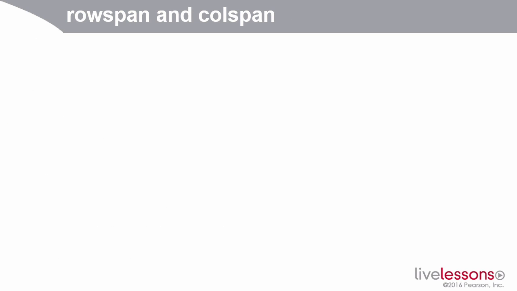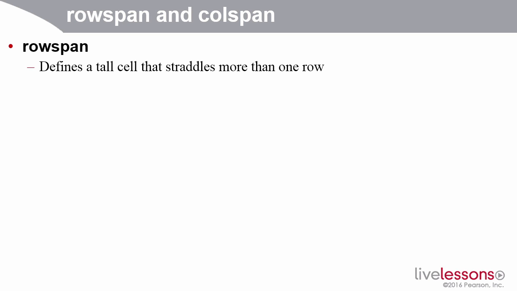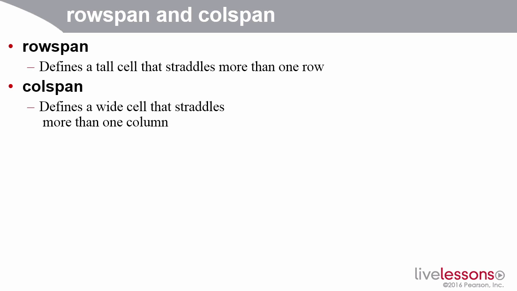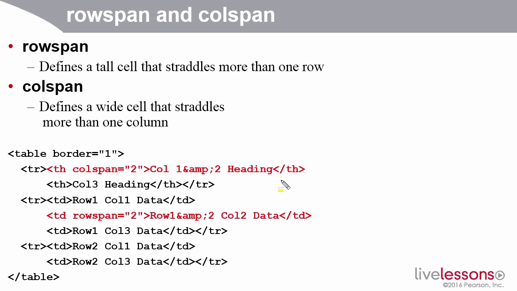All right, one very useful addition is the ability to have cells that span rows or columns. Rowspan is a tall cell that goes up higher or down lower and spans multiple rows. Colspan defines a wide cell that straddles more than one column. So here's the idea. I say th, but I say colspan equals 2.